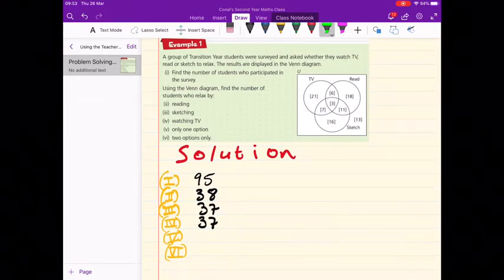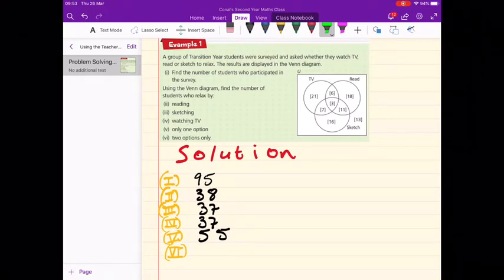Then how many students relax by doing only one option? So we have 21 that only watch TV, 18 that only read, and 16 that only sketch. So 18 and 16 is 34, add the 21, that brings us to 55. So we have 55 students who only relax by doing one of the options.